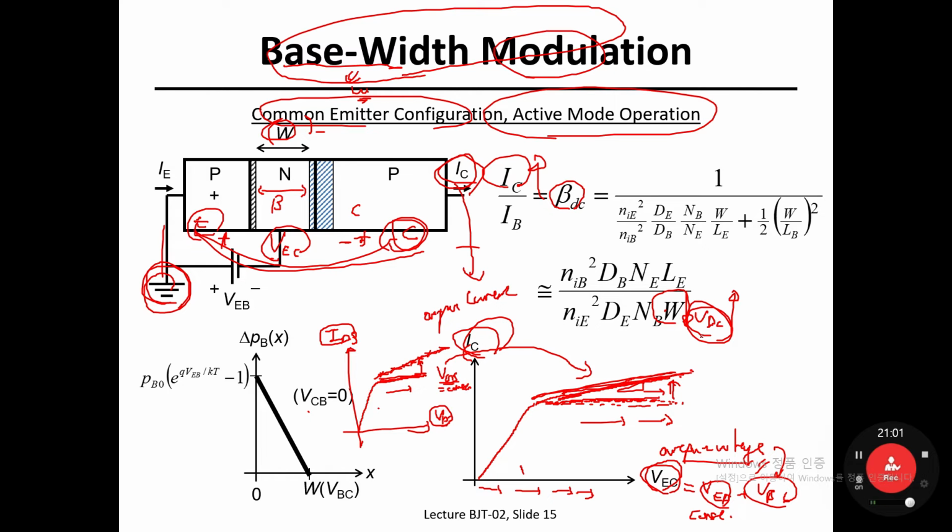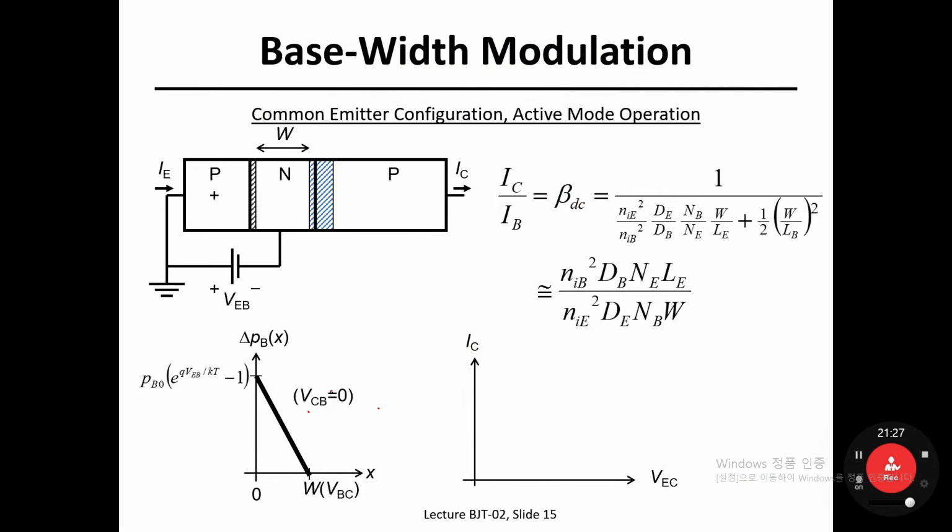So depending on the output voltage of your BJT, your base width is significantly affected. Okay, so this is the main idea for understanding base width modulation. Okay, and on the left hand side, on the bottom side, let's look at this plot more. Take a look at this figure.